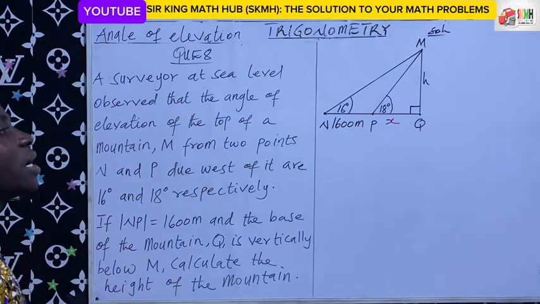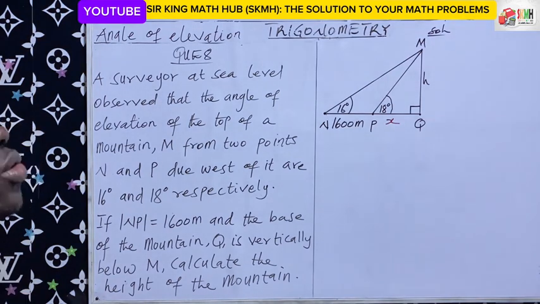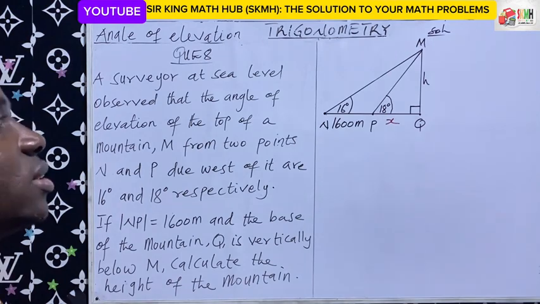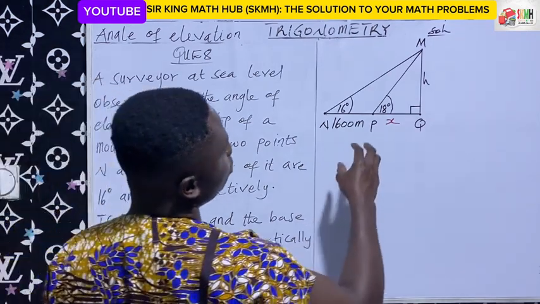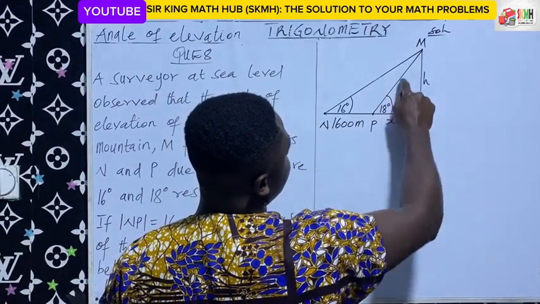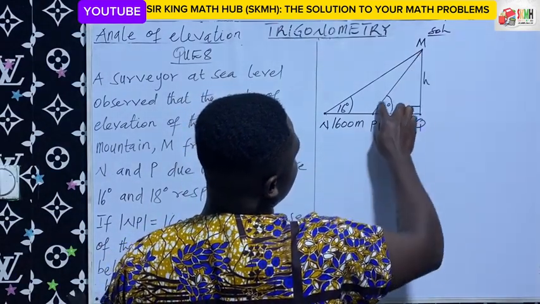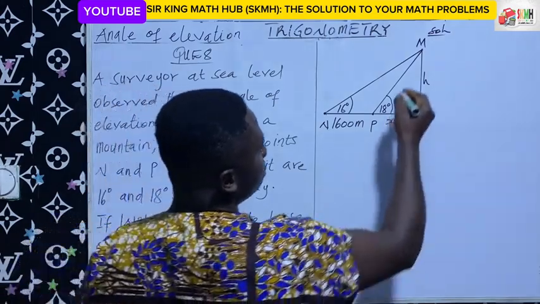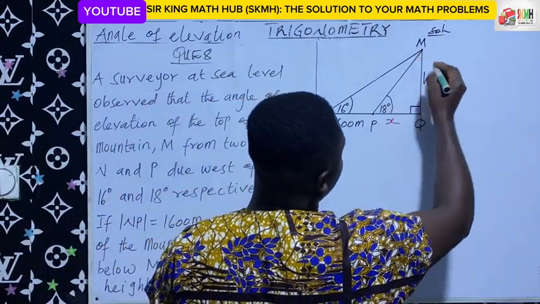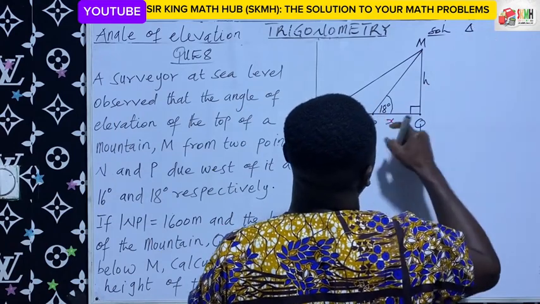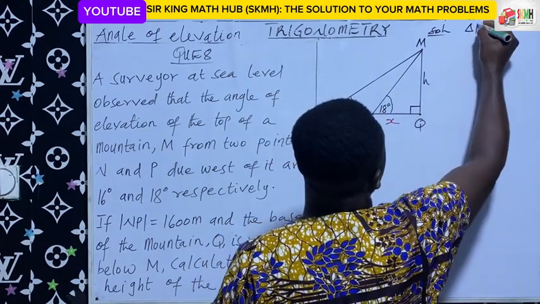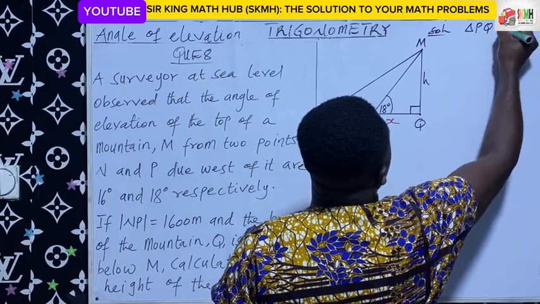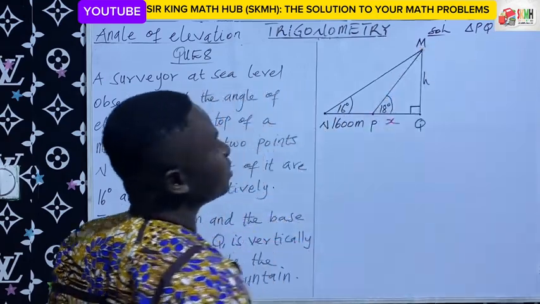Now, how many right angle triangles do you see? You could see 2 right angle triangles. There is a smaller right angle triangle. So let's label them. I'm labeling the smaller right angle triangle as triangle PQM. That is the smaller right angle triangle.